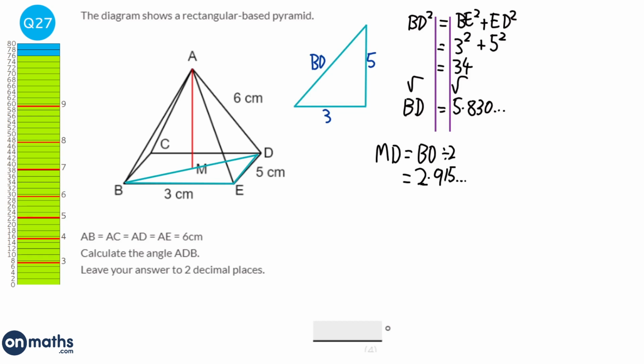Now the next right angle triangle we want to draw is to find out, in fact I'm going to pick a different colour because that's a bit too similar. Let's go for a purple. So we're looking at this triangle here. So let's draw that one out.